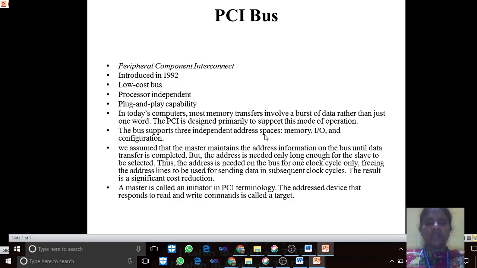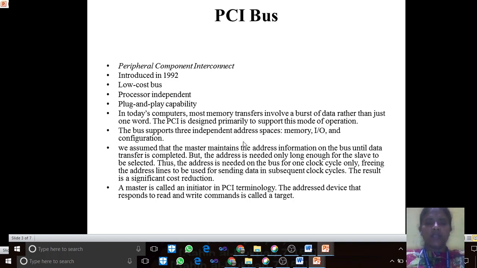Via the device interface, you connect the other devices. It is processor independent, it can function without the intervention of the processor. It uses the concept of plug and play. Plug and play means as soon as you connect the PCI bus, you can start using it without any configuration or settings.